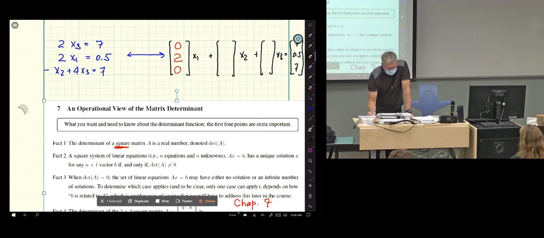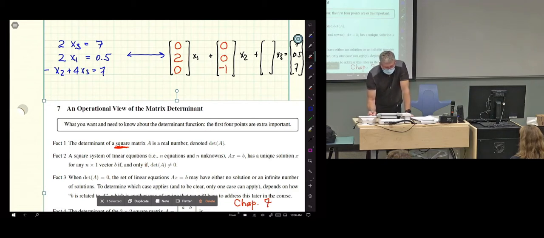And then I look at x2 in the first equation, it doesn't show up, that's a 0. I look at x2 in the second equation, nothing there. I look at x2 in the bottom equation, and finally I have something, so I have -1.